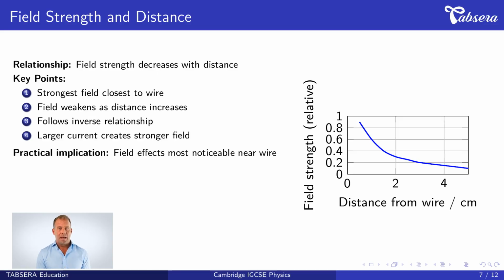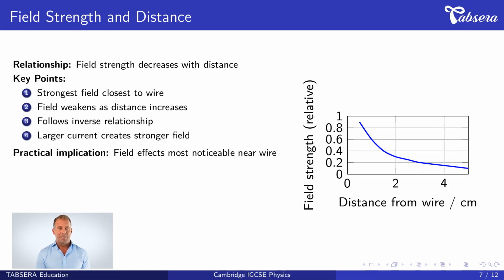Example 2 examines how field strength varies with distance. The relationship shows that field strength decreases with distance from the wire. Let's analyze the key points. First, the strongest field occurs closest to the wire. At the wire surface, field strength is maximum. Second, field weakens as distance increases. This follows physical laws of field distribution. Third, the relationship is inverse.